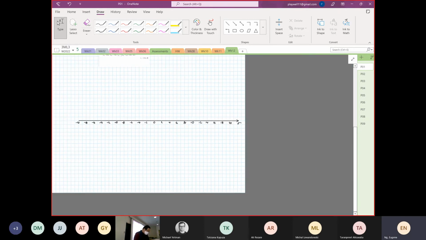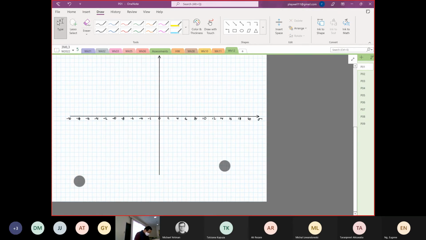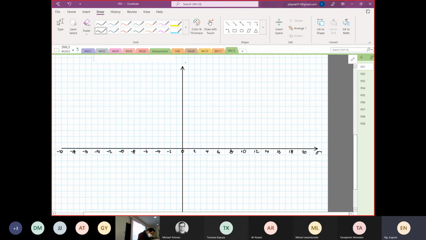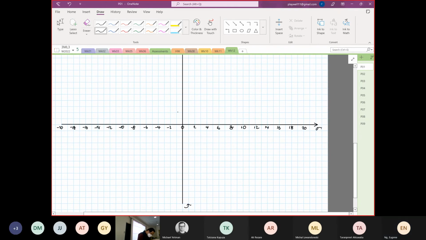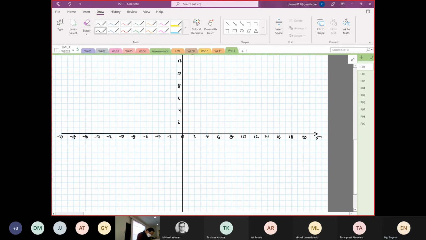Then we have our shearing stress. Element rotates clockwise at the top, anti-clockwise at the bottom: 2, 4, 6, 8, 10, 12, and minus 2, minus 4, minus 6, minus 8, minus 10, and minus 12.